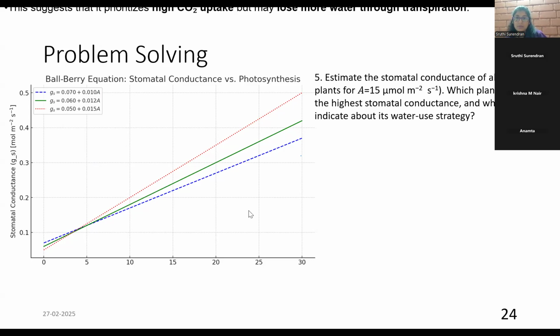Has anyone else of you found the stomatal conductance? Line 3. What is the value of the stomatal conductance, Mayank?